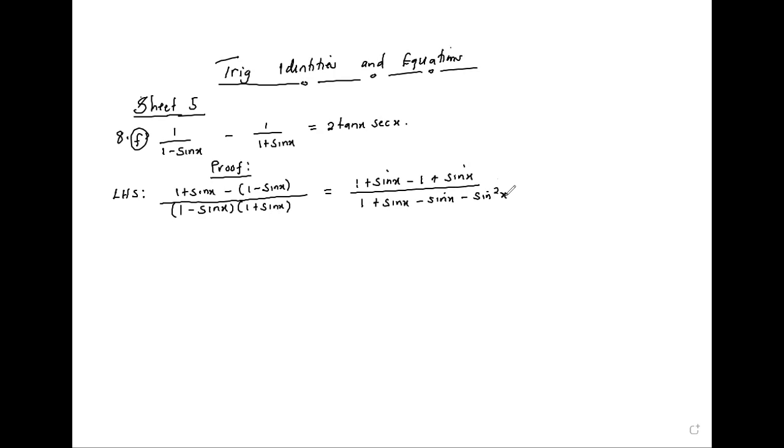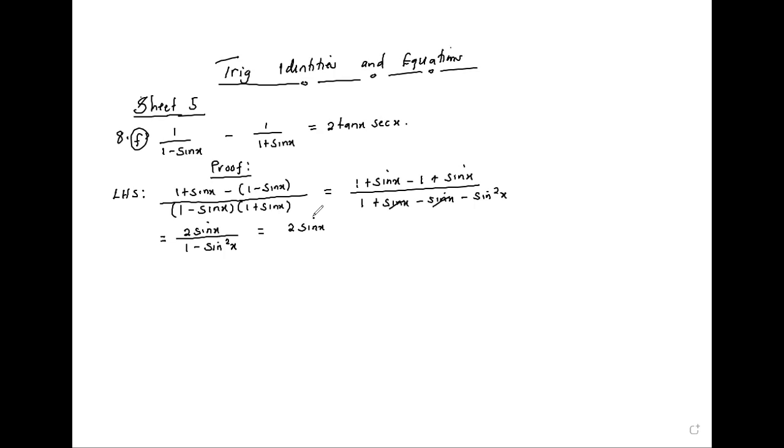So if you look at that, what are we getting? On top, we're getting 2 sine x, since 1 minus 1 is 0. And down, this will cancel. So we'll have 1 minus sine squared x.